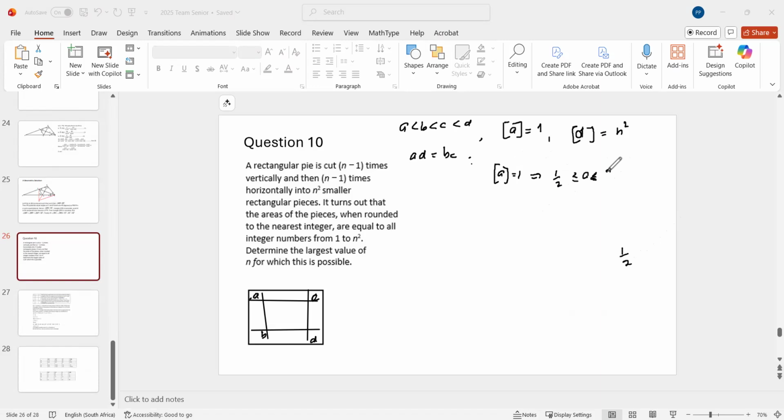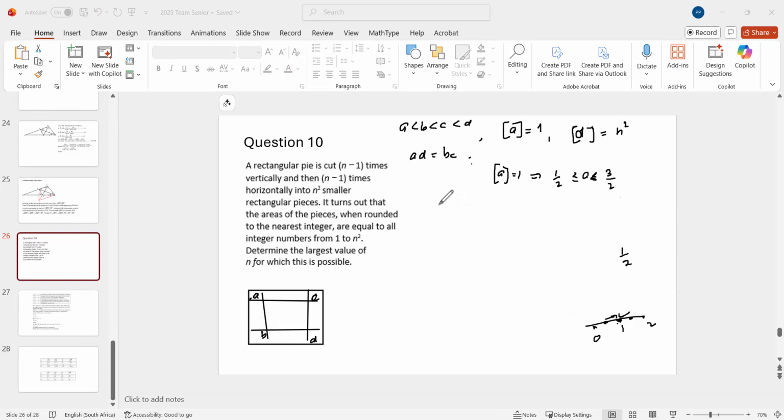So there's 0, there's 1, there's 2. You're rounding off something to be equal to 1. That one must be within half a unit from here and half a unit from here to round to this. And that's why we've got A is from 1/2 to 3/2.